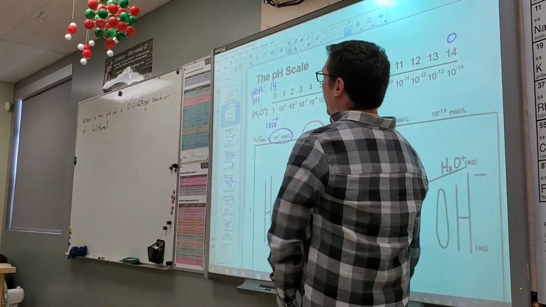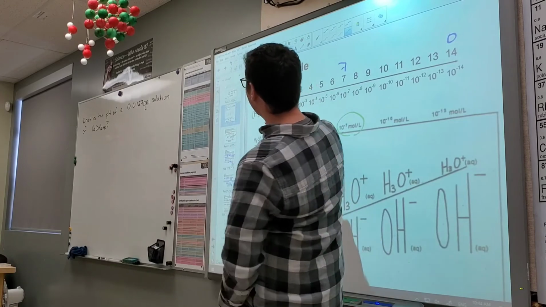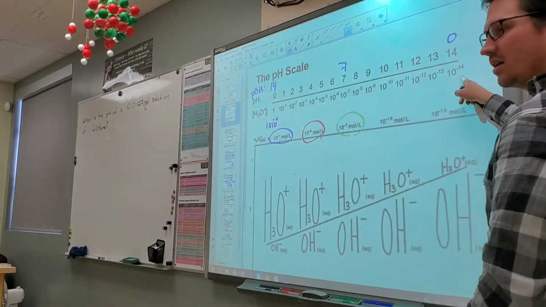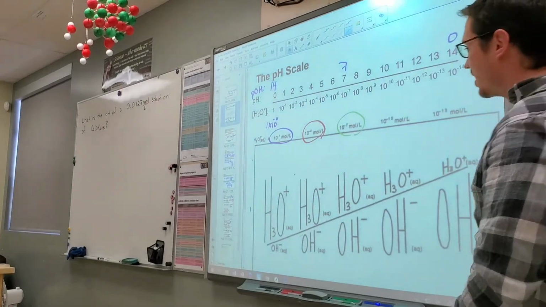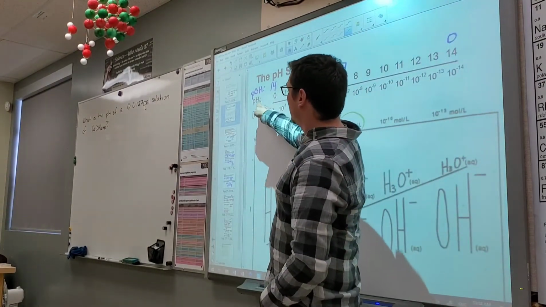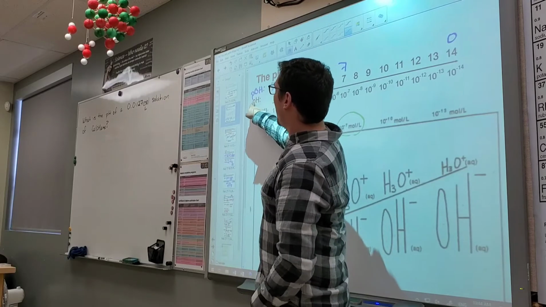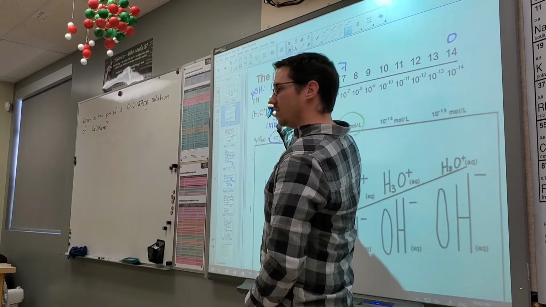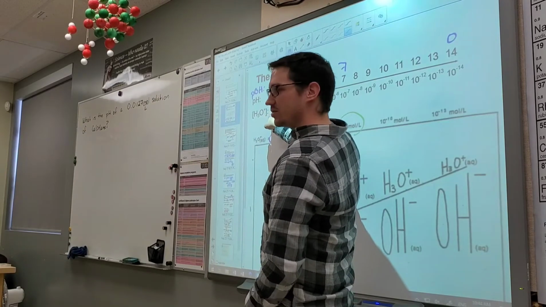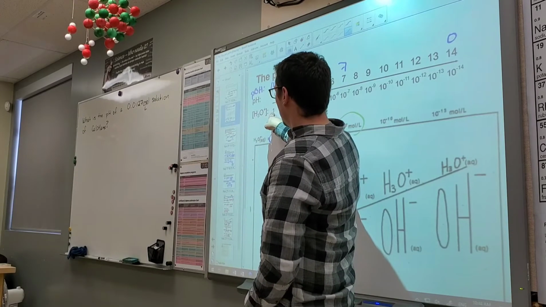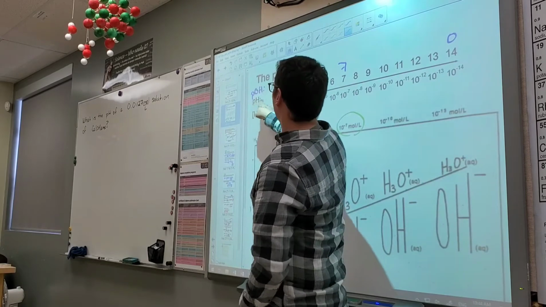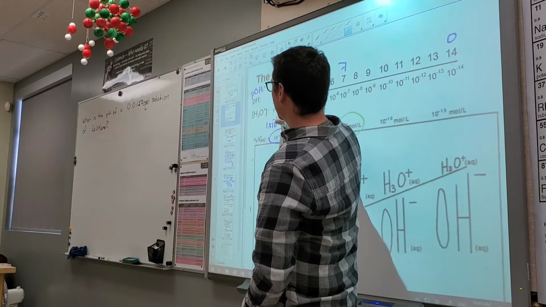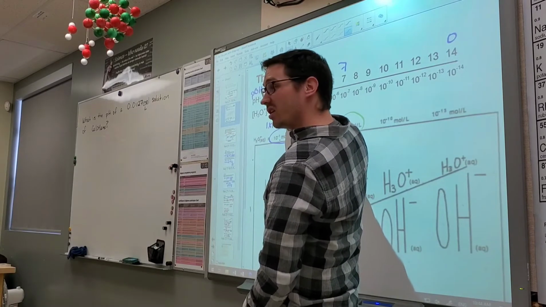So, hydronium concentration decreases. You get less and less hydronium as the pH goes up. But remember, a pH of 0, if the power of hydrogen is 0, what's anything raised to the 0? 1. The concentration is 1, right? If the power of hydrogen is 1, then the concentration of hydronium will be 10 to the negative 1. That's the power, right?